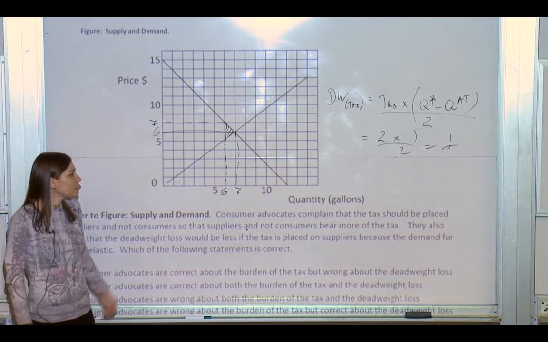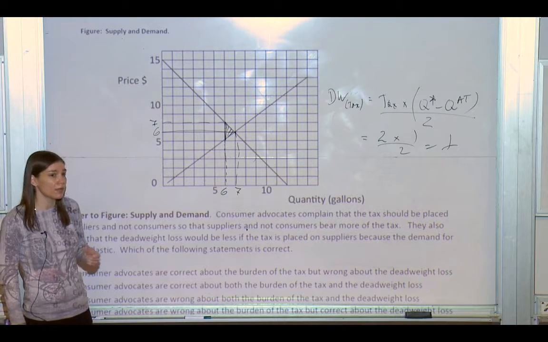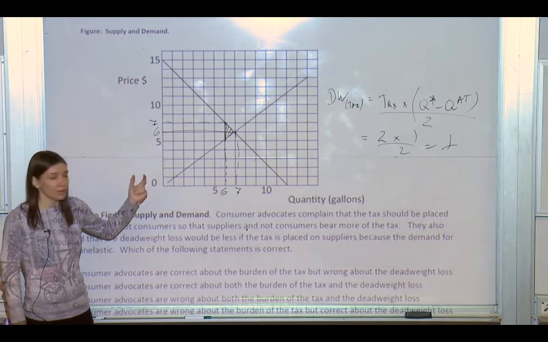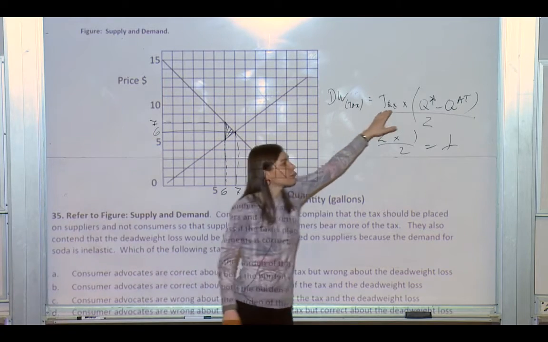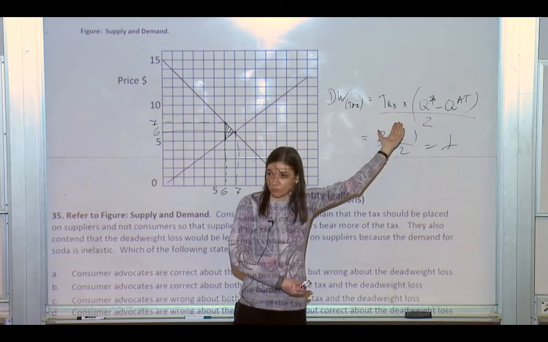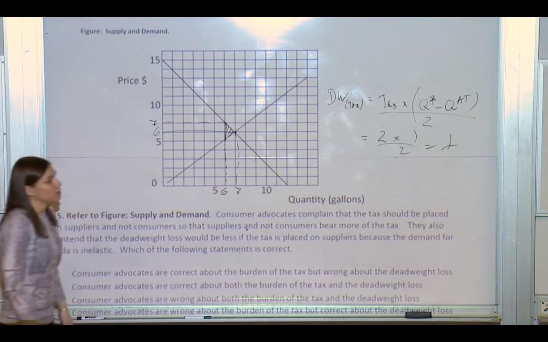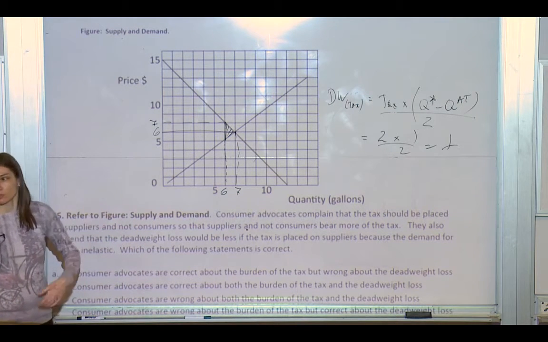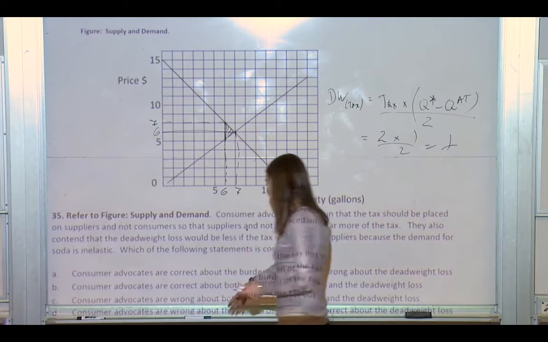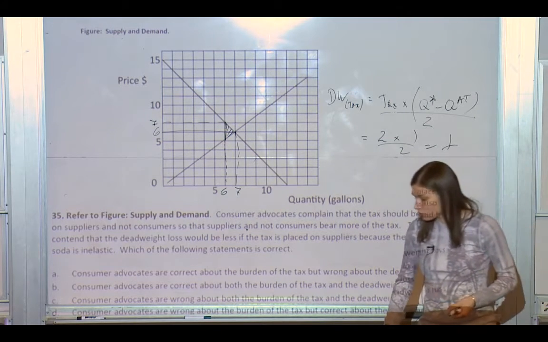So it's true that the deadweight loss depends on the relative elasticities of demand versus supply, but who pays the tax is not going to change that. Right? So the deadweight loss is the amount of the tax. It's not the amount of the tax charged to buyers or the amount of the tax charged to sellers. Right? It's just the amount of the tax in total. So both of the statements are not correct. And this would be C, I think. Consumer advocates are wrong about both the burden of the tax and the deadweight loss.